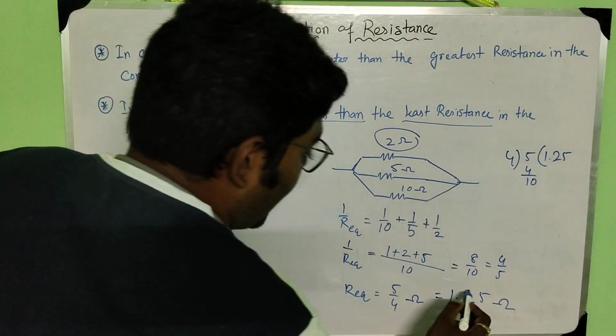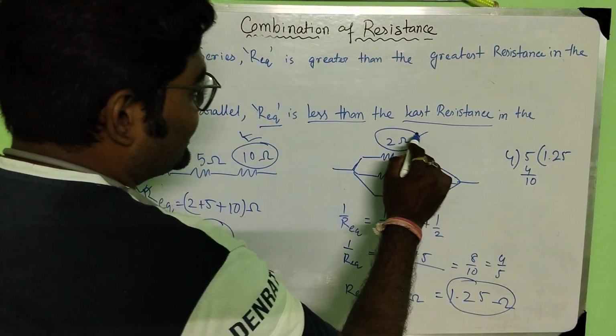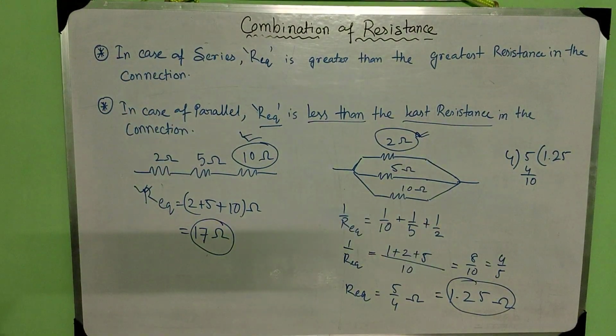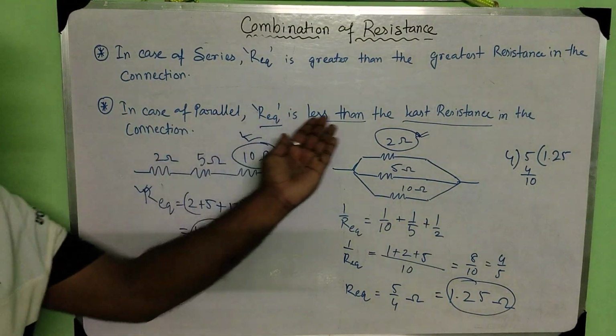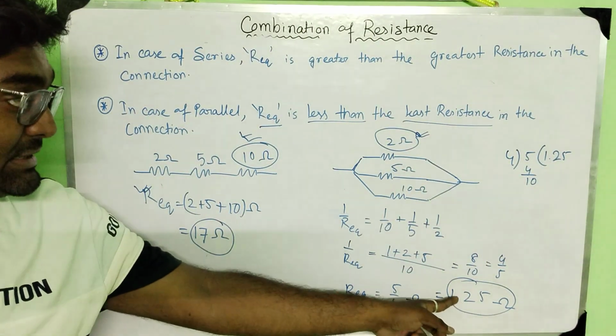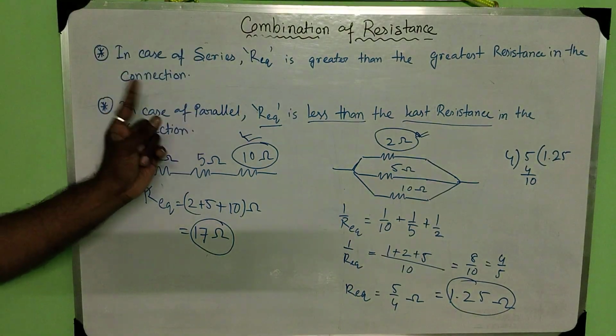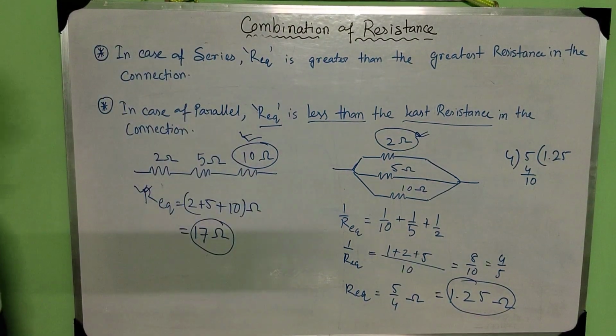Now see, the R equivalent is coming as 1.25 ohm and the least resistance is 2 ohm. Okay, so the R equivalent is less than the least resistance. So these are two important points you have to keep in your mind.